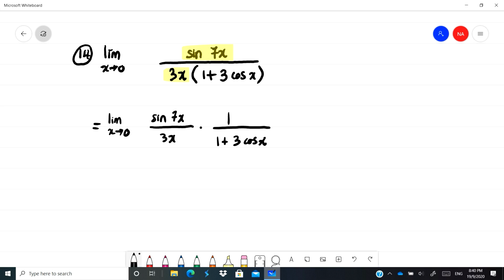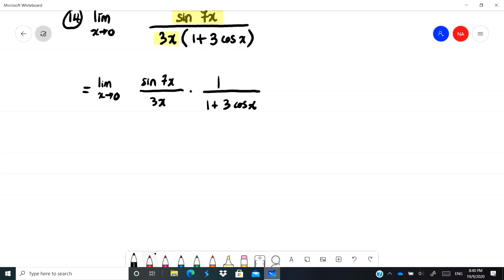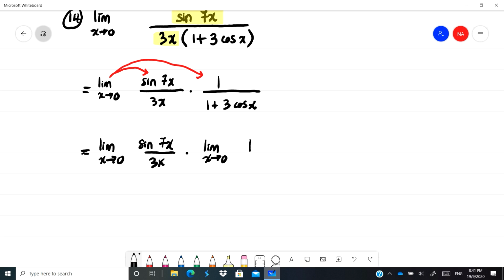Now I'm going to distribute the limit into these two functions: the limit as x approaching 0 of sine 7x over 3x multiplied with the limit as x approaching 0 of 1 over (1 plus 3 cos x).